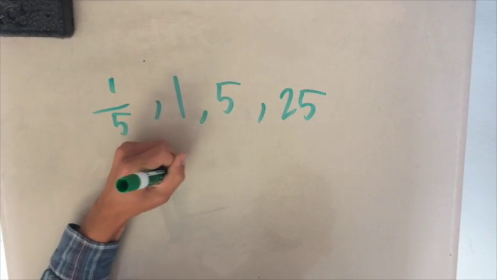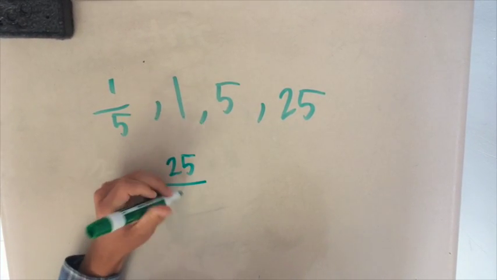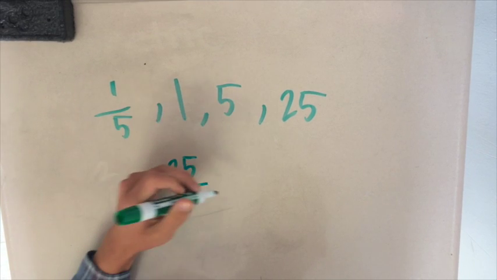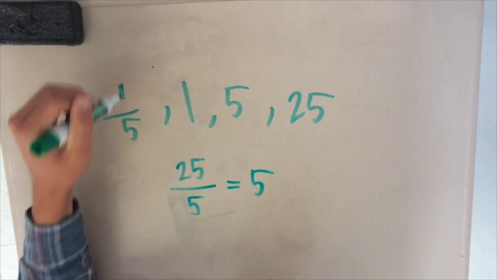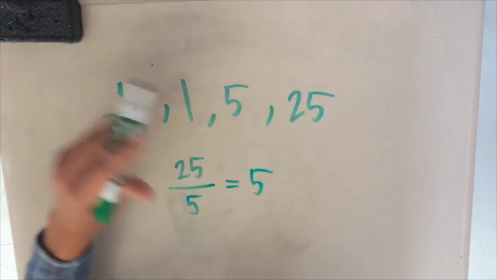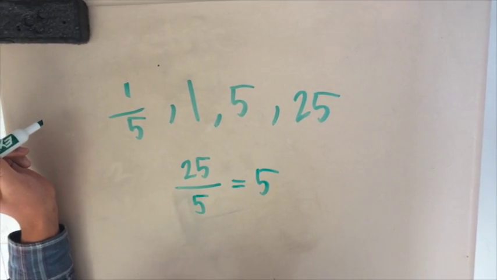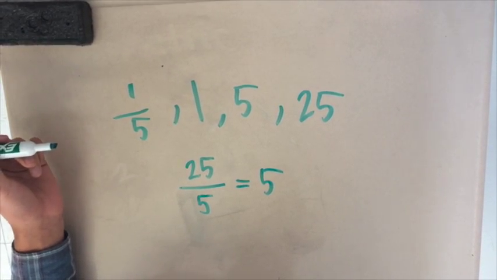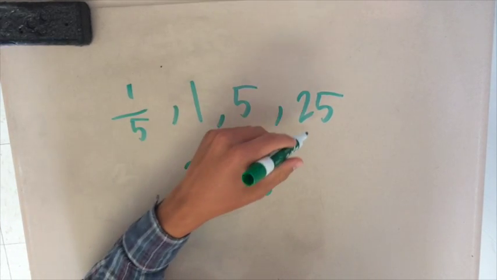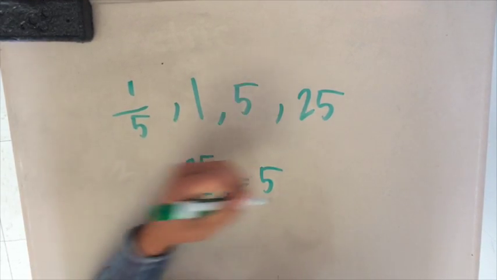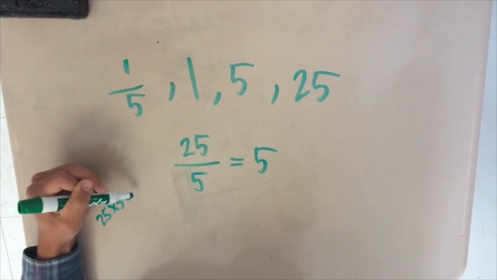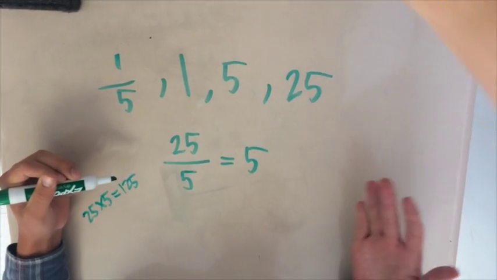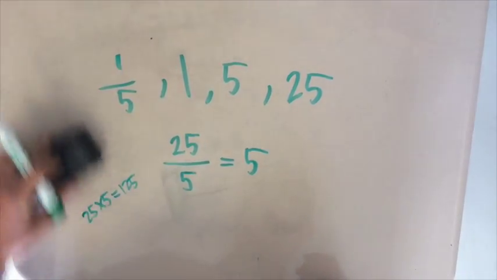So if I take 25 and divide it by the one before it, which is 5, I would get 5. And that's what each of these are being multiplied by to get to the next number. And then, say if the question asks for the next 3 terms, all I do is multiply, 25 times 5, and get 125, and so on till the next 3 numbers.